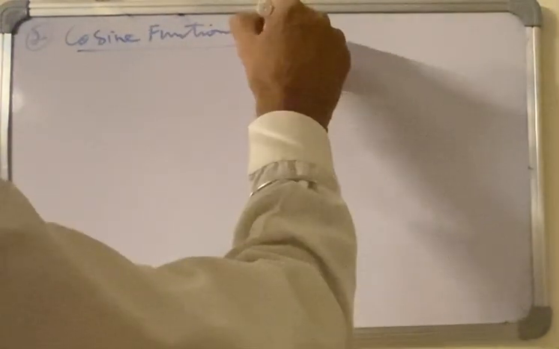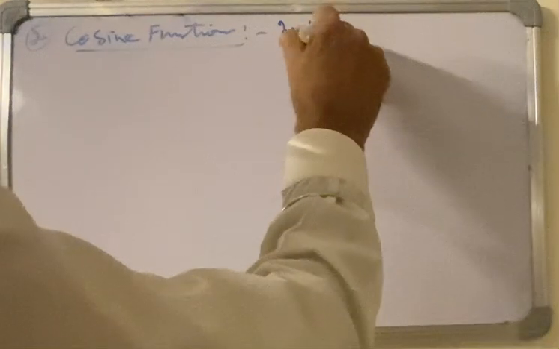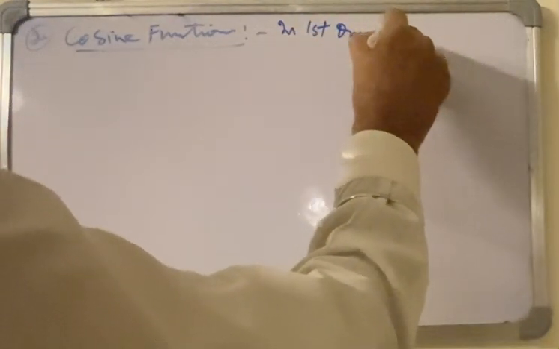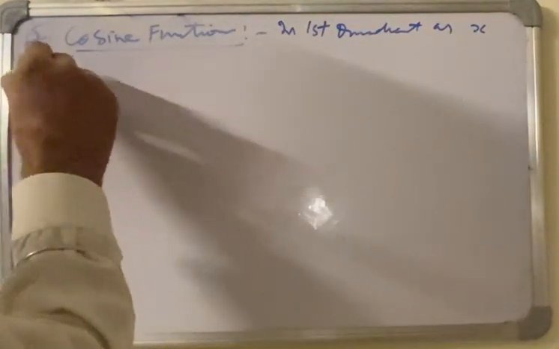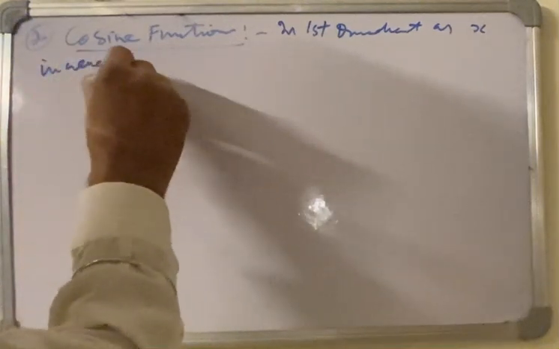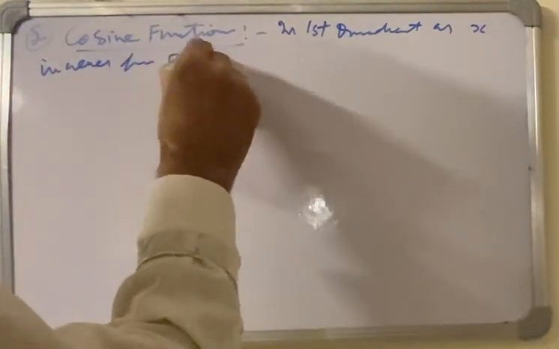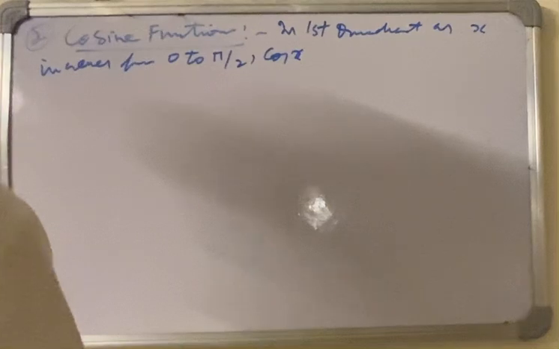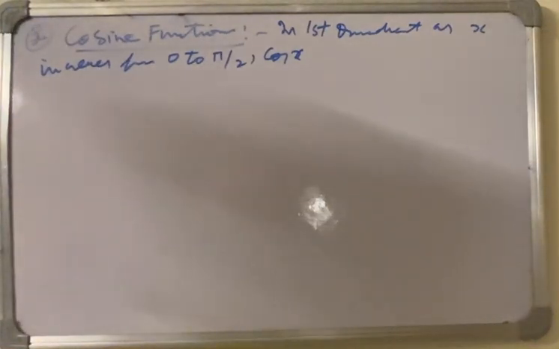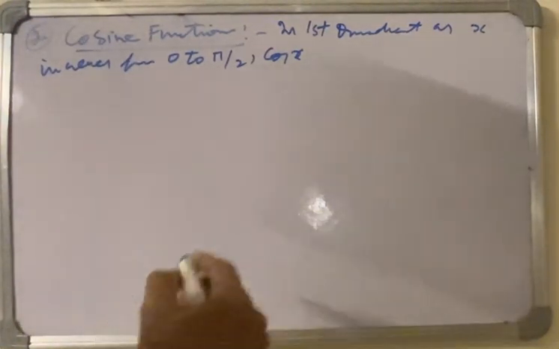In the first quadrant, as x increases from 0 to pi by 2, cos x decreases from 1 to 0.